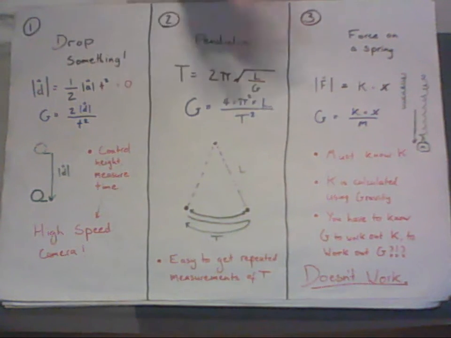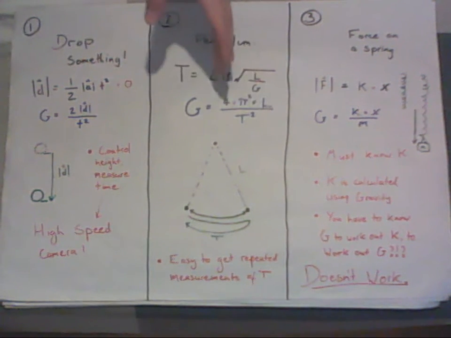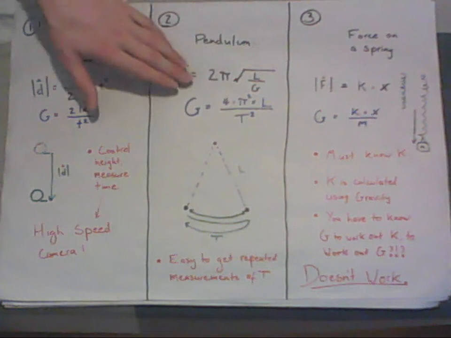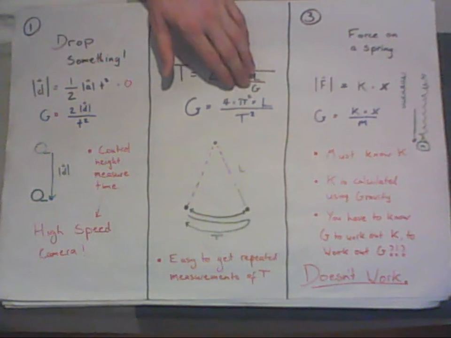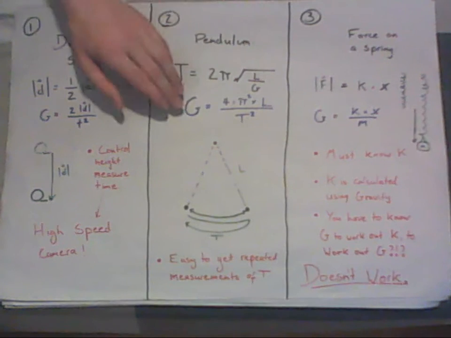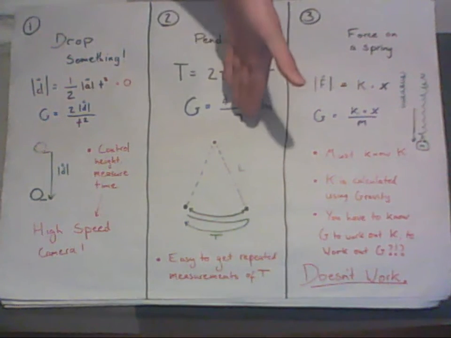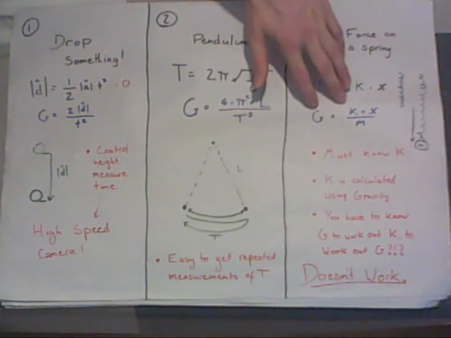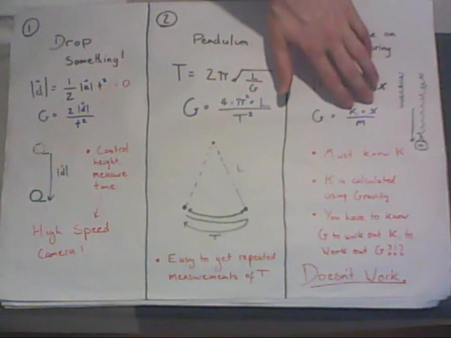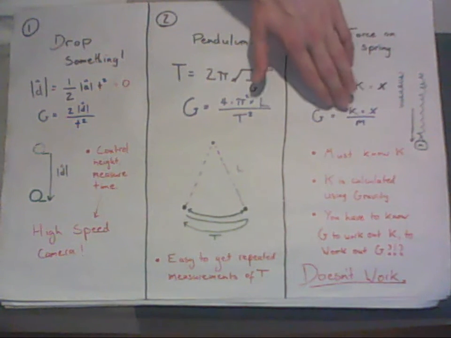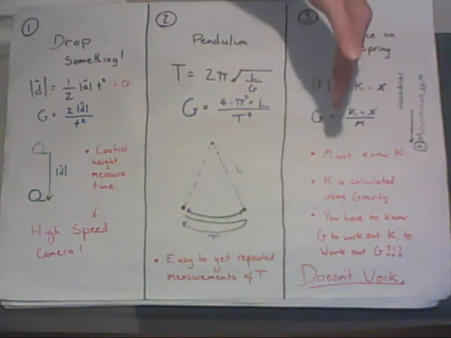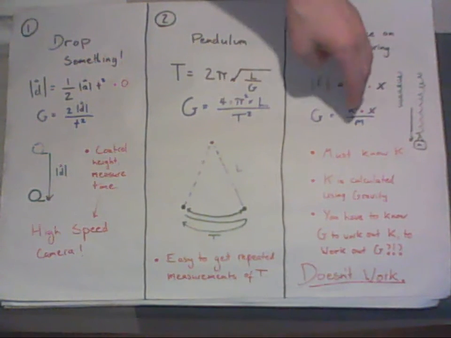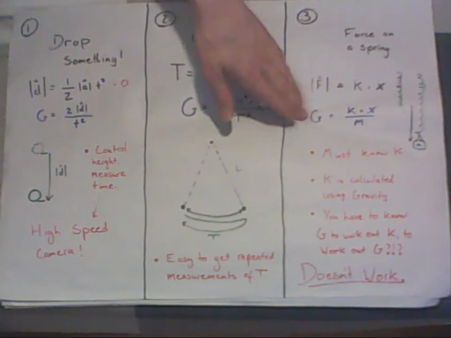The period of harmonic motion, rather, of our pendulum is dependent on the length and the gravity, so you can rearrange to get gravity is dependent on length and the period. And then last of all, the spring deflection times the spring constant over mass, because F equals ma and F equals this, gives you the acceleration.